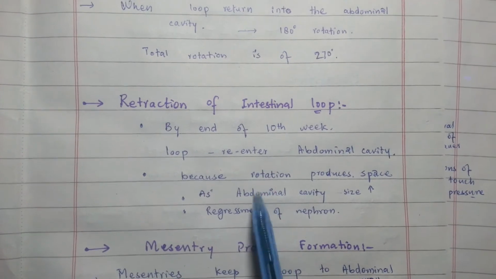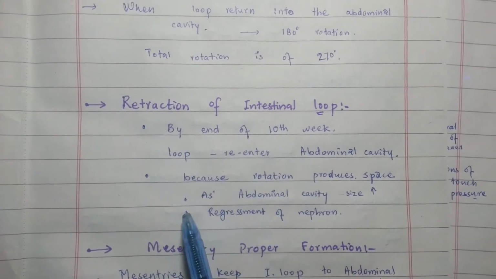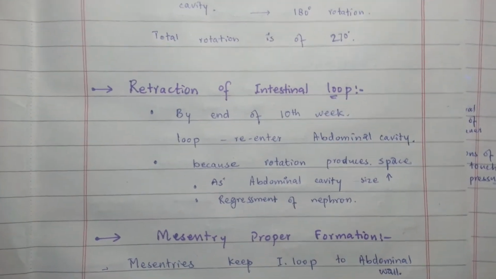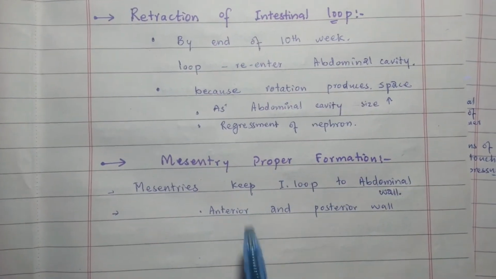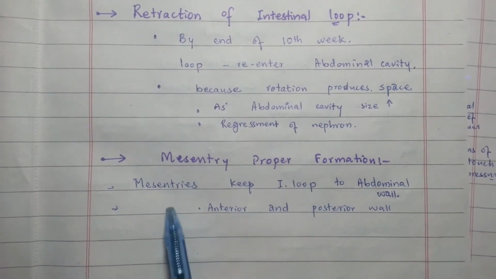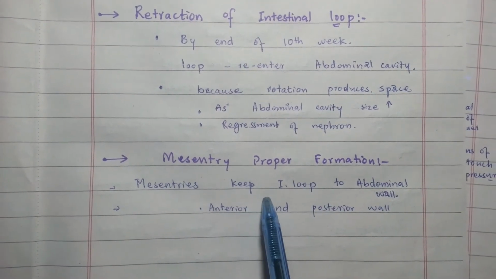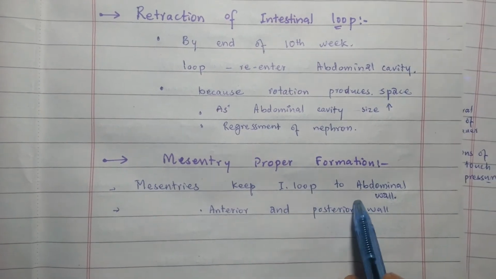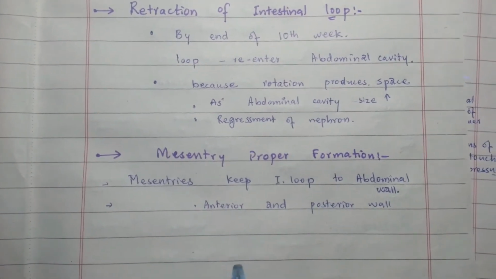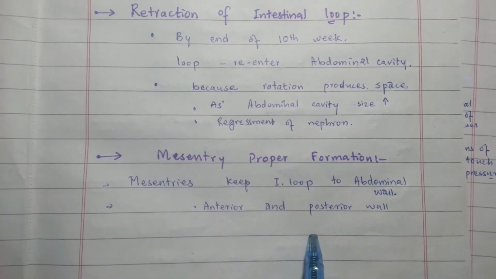In this way, the intestinal loops from the extraembryonic cavity come into the abdominal cavity. Then the next process is the mesentery proper formation. The mesenteries keep the intestinal loops attached, through the mesentery, to the anterior and posterior abdominal wall.